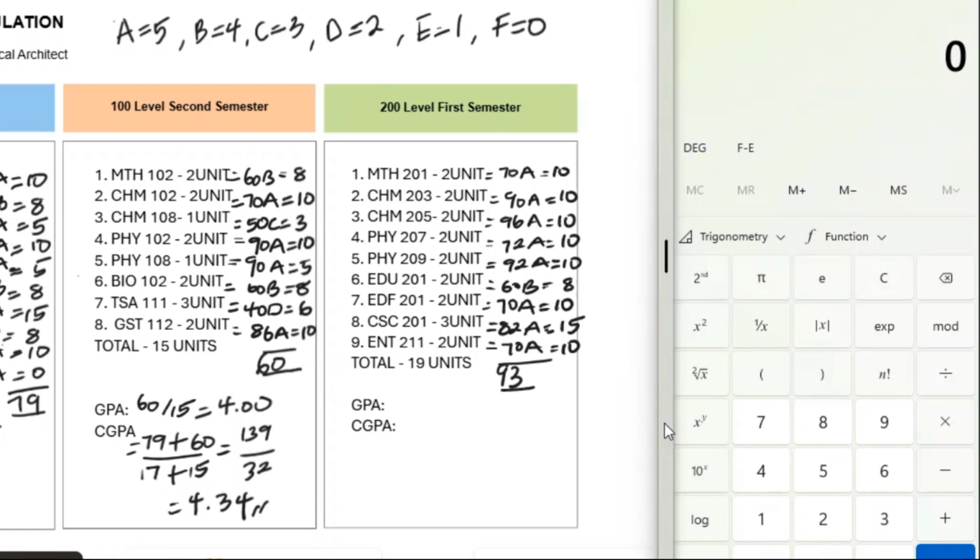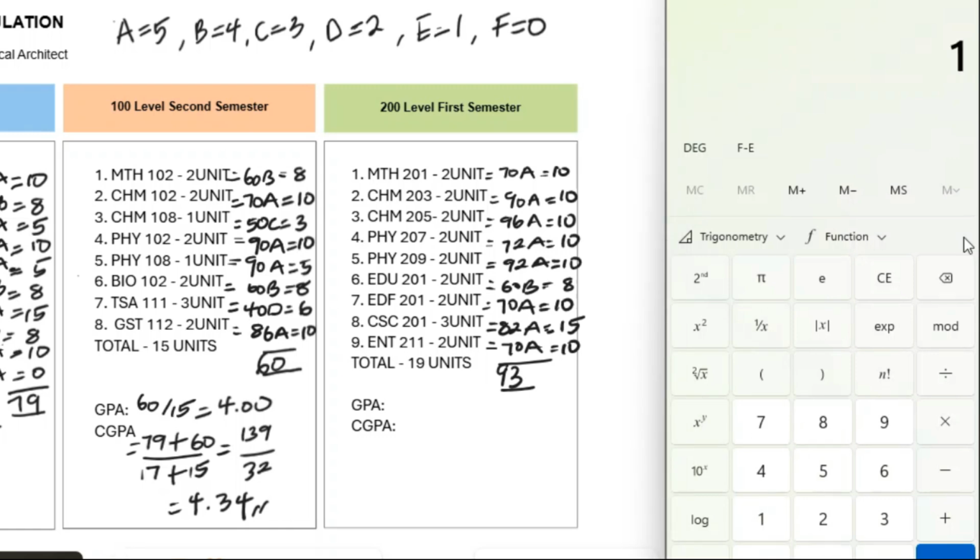So let's calculate that to be sure. So we have 50 plus 8 plus 10 plus 15 plus 10.